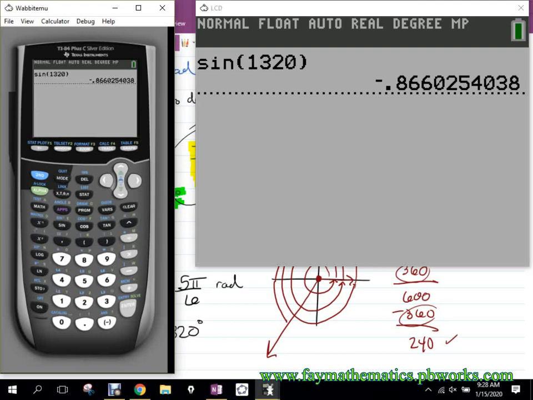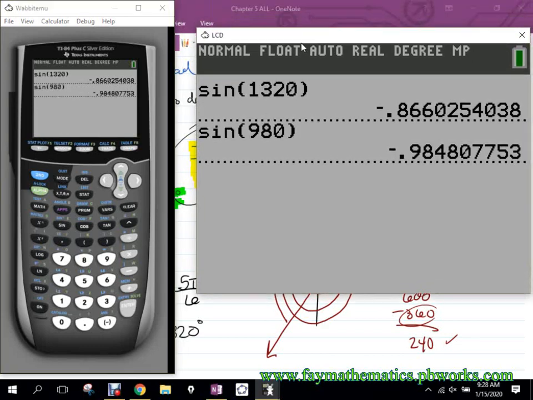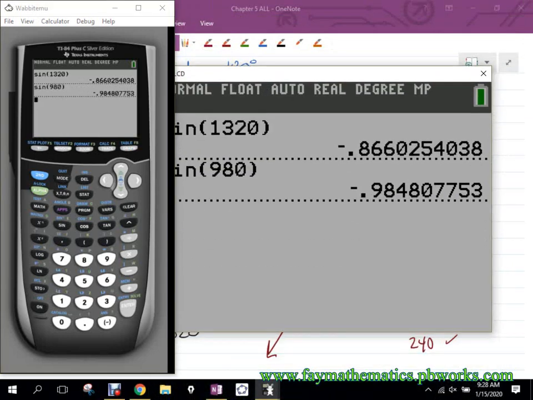But I want to show you, if I would take sine of, we first subtracted 360 from that, right? And got 960. Is it the same?